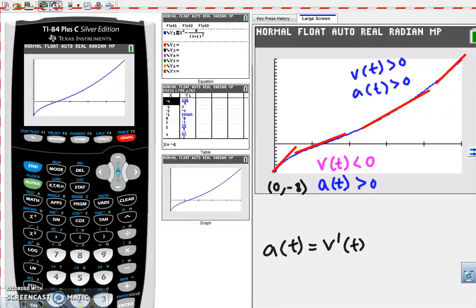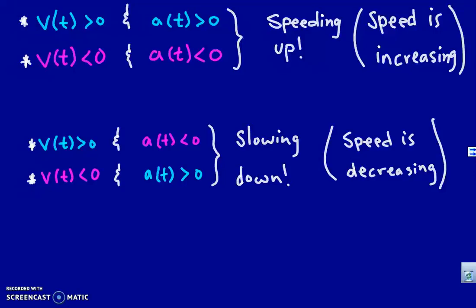And I bring this up for a reason. I want you to add this to your notes. If velocity is positive and acceleration is positive, you are speeding up. If velocity is negative and acceleration is also negative, you are still speeding up. In other words, speed is increasing.